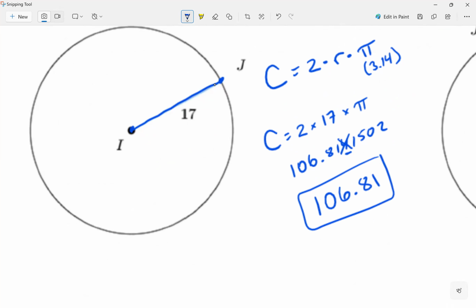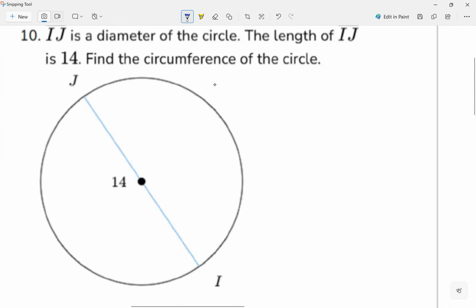Now, if you did not use the pi symbol and used 3.14, you went 2 times 17 times 3.14. Your answer should round out to 106.76. Again, there'll be a little difference, but my homework will accept either of the two. All right, let's take a look at question number 10.